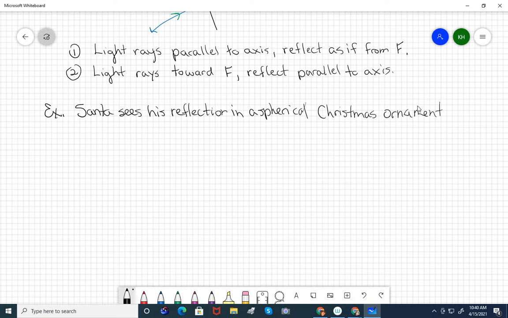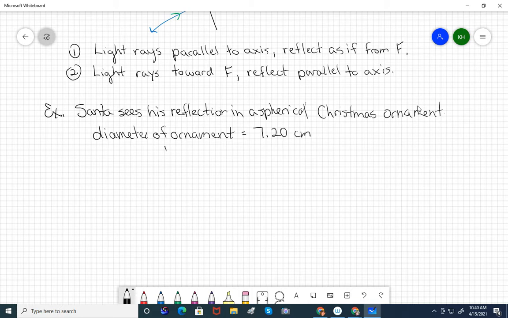If you have a shiny metallic Christmas ornament, it acts as if it is a convex mirror. The ornament has a diameter of 7.2 centimeters.